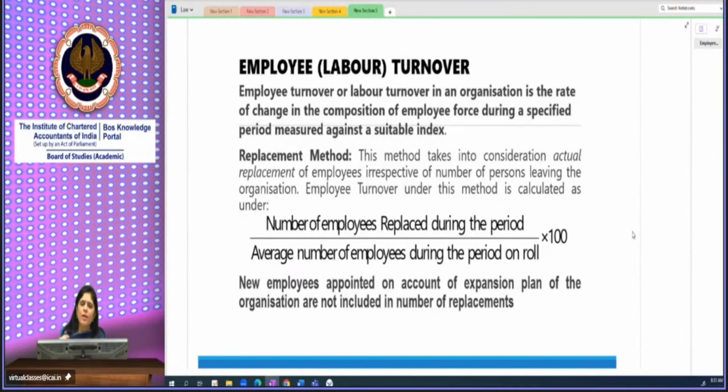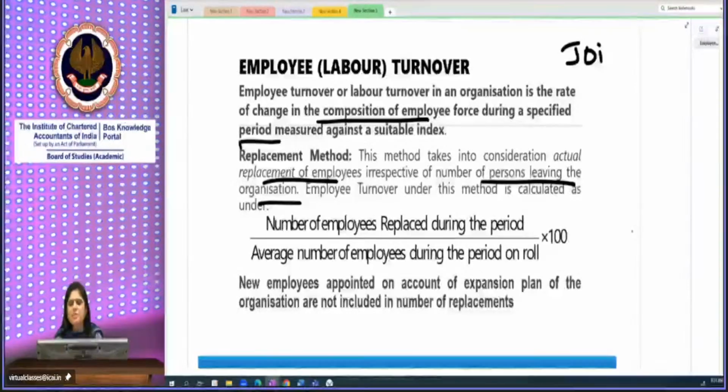So employee turnover is the change in the composition of the workforce during a specified time. Replacement means actual replacement, irrespective of the persons leaving the organization. You need to understand what you mean by replacement.